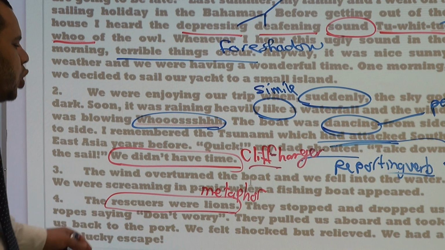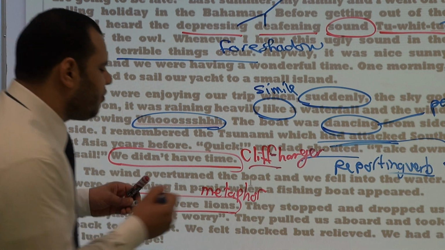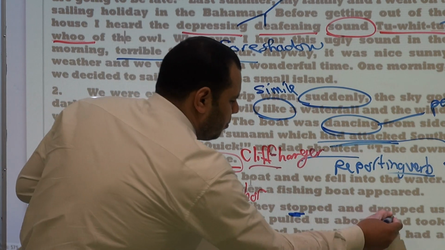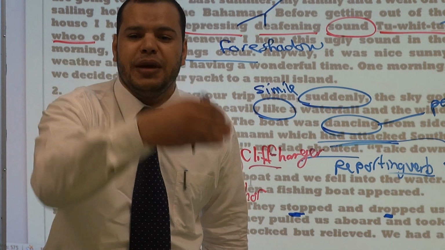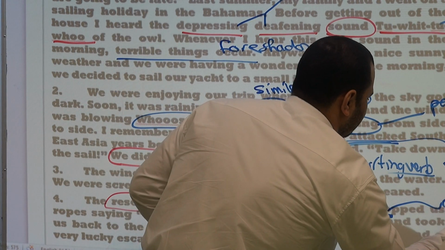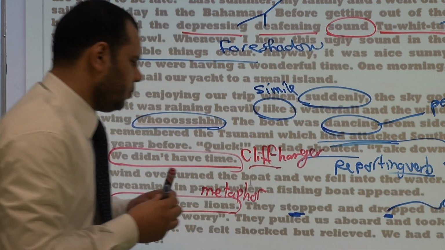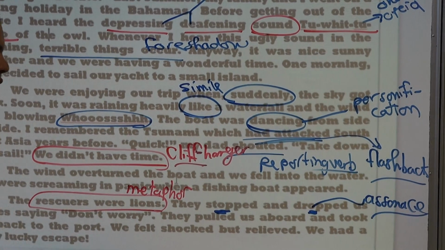They stopped and dropped. Stopped and dropped. Same vowel. When we use the same vowel in repeated words, we call it assonance. Ropes, saying, don't worry.